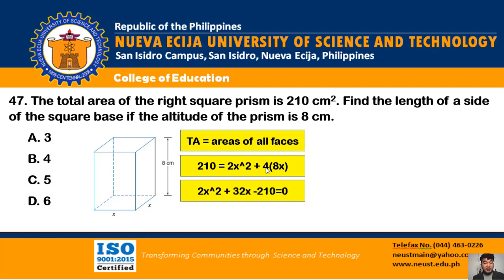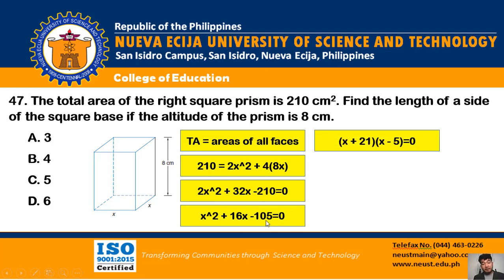Then simplifying this further, you will have 2x squared plus 32x minus 210. And then we solve for x by factoring. Or we simply simplify this first, divide the whole equation by 2 for it to become easier to manipulate the algebra. So you will have to factor x squared plus 16x minus 105.